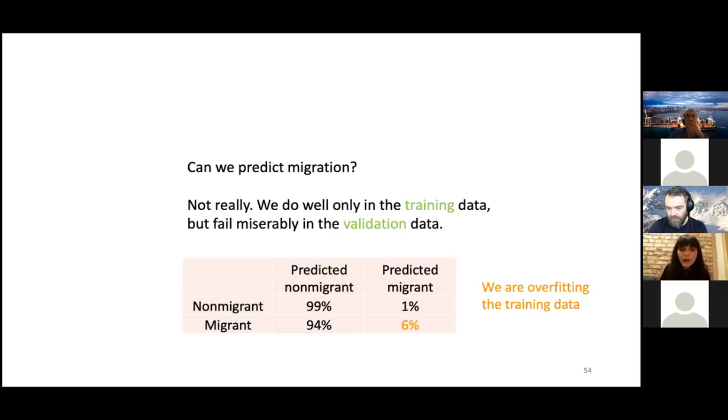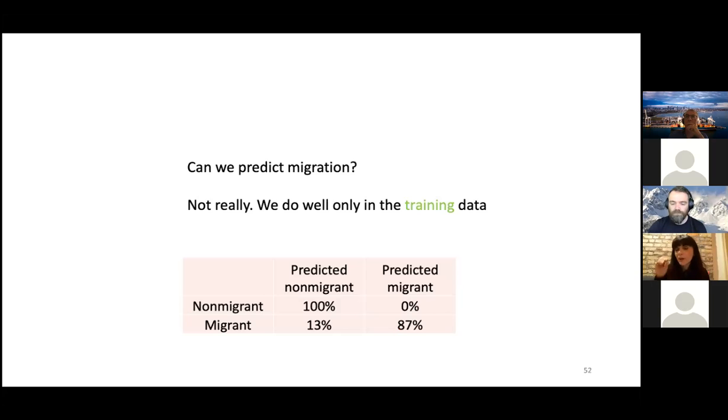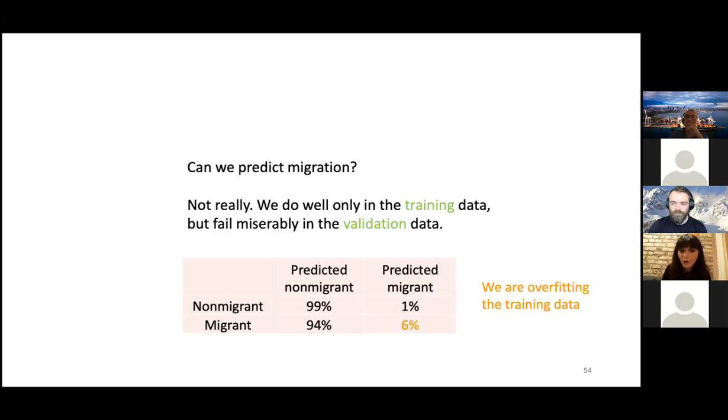Then we can play around with cost, we can introduce costs into mispredicting one group over the other. So one lesson from here is if we didn't look at the validation data, we would clearly be overfitting the training data. In other words, we would think we are doing well. We have 87% accuracy, but then the validation data shows us that we're not doing well at all.